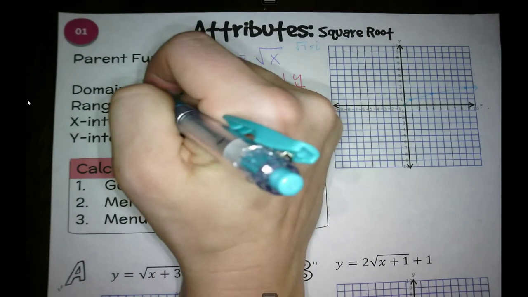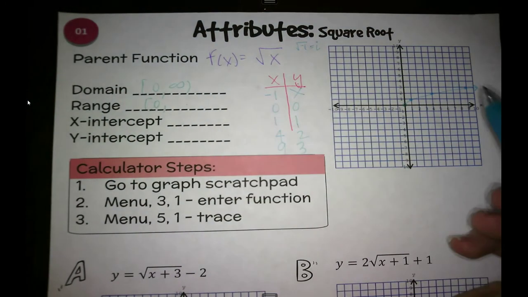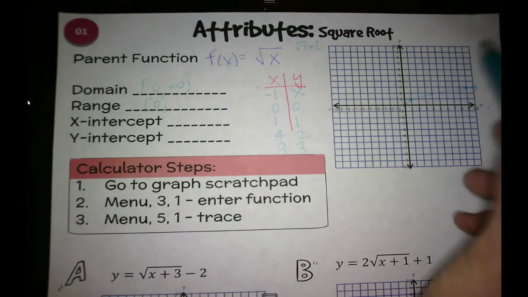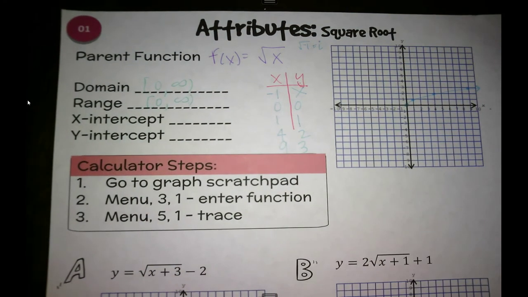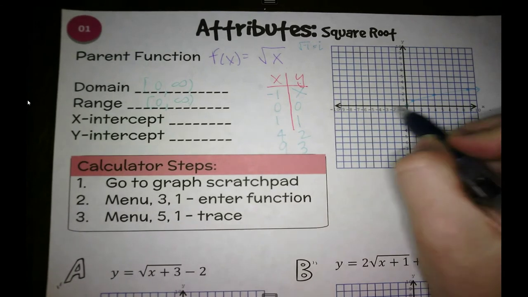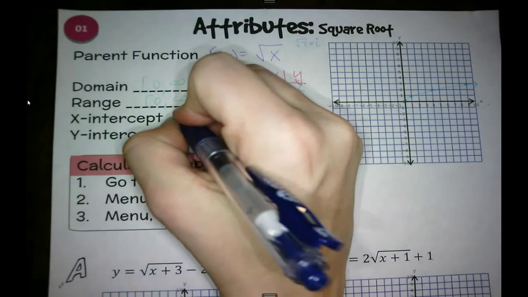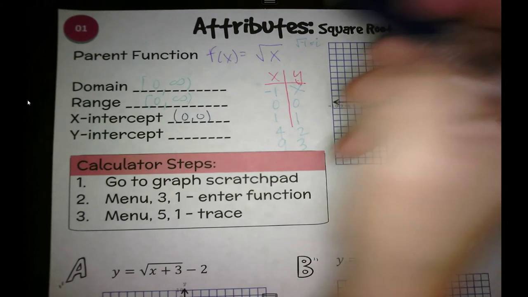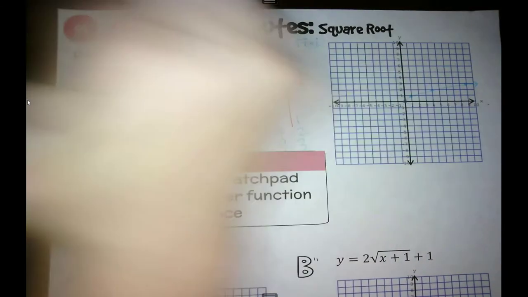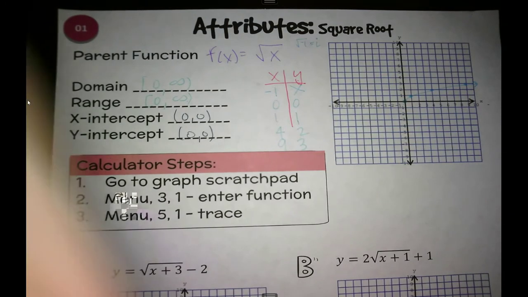That's at 0 again, and it's on the graph. And then we go up, it's an arrow, so it's going to include all of our y's. What is our x-intercept? Where that crosses the x-axis, that's right here at (0, 0). And where does it cross the y-axis? Again, (0, 0). So this is our parent function.